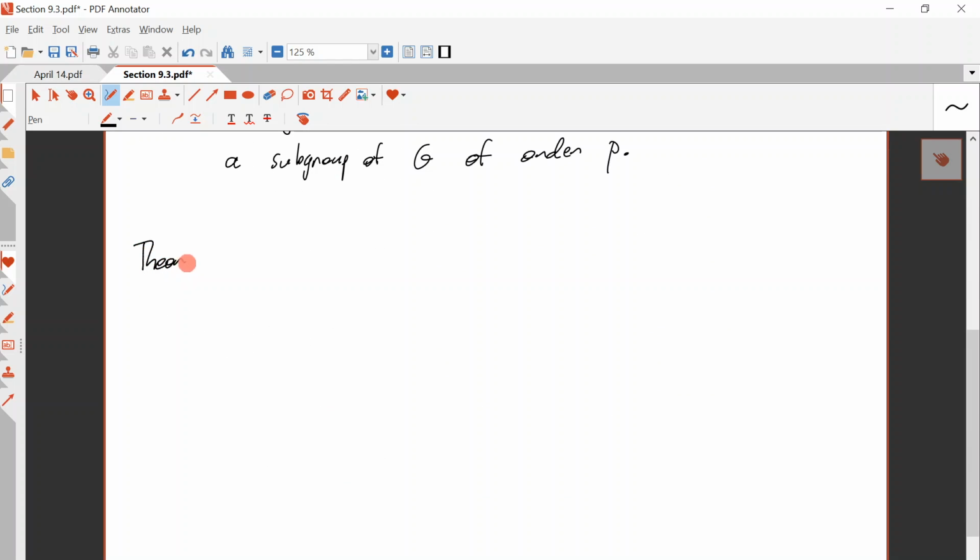So theorem 1, this is Sylow's first theorem, and it states the following.